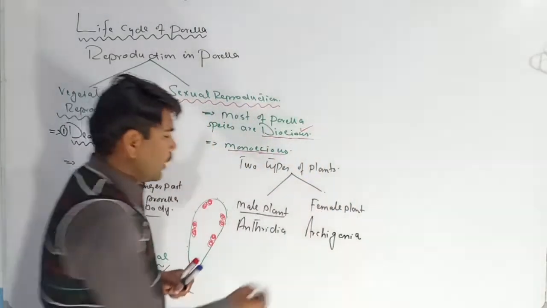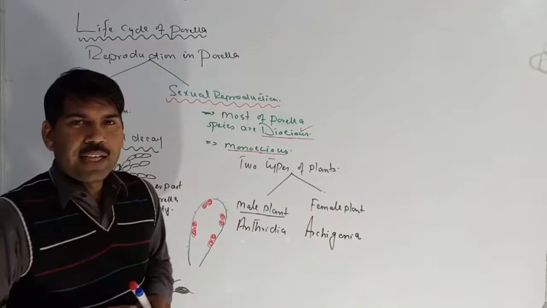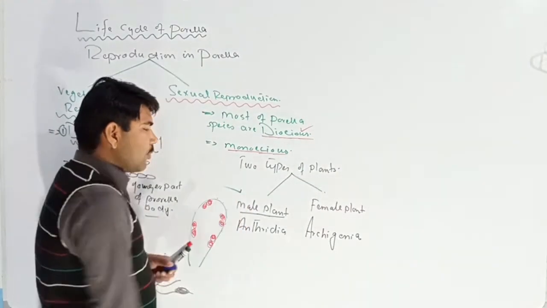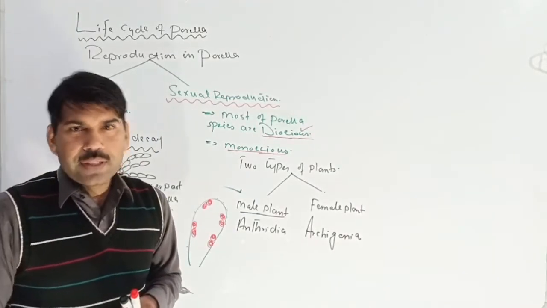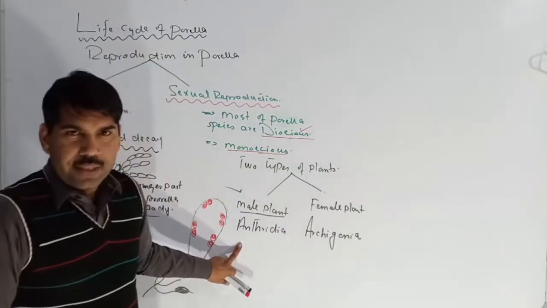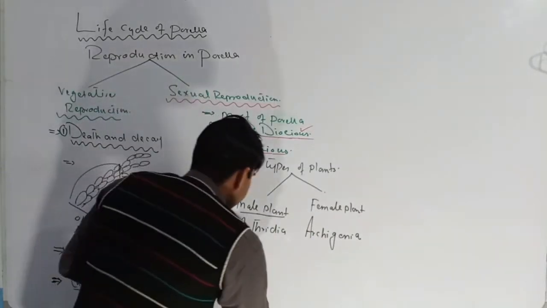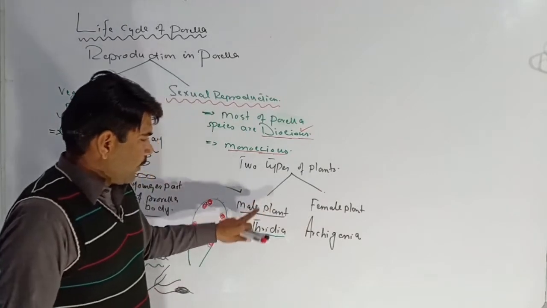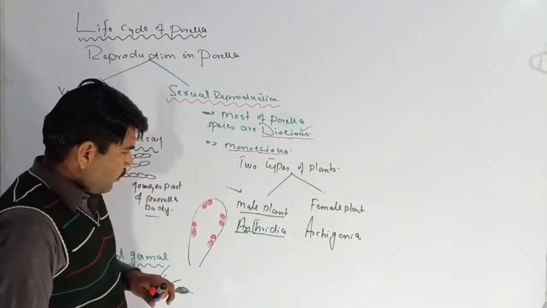The name of the female sex organ is archegonia. So first we are going to discuss the male plant and what the antheridia are. Out of these both, we are taking firstly the male plant.